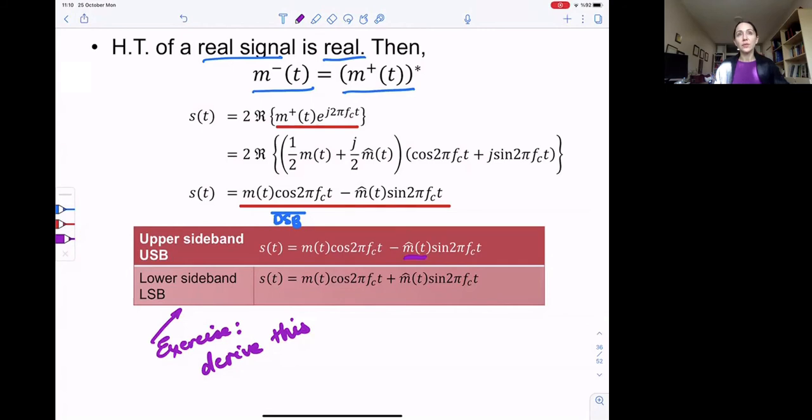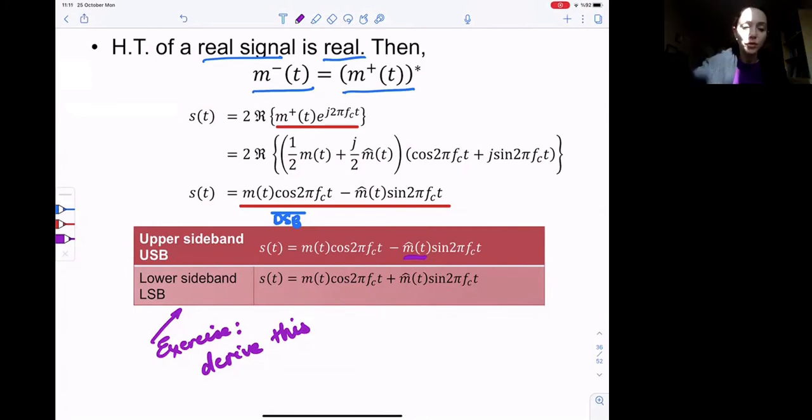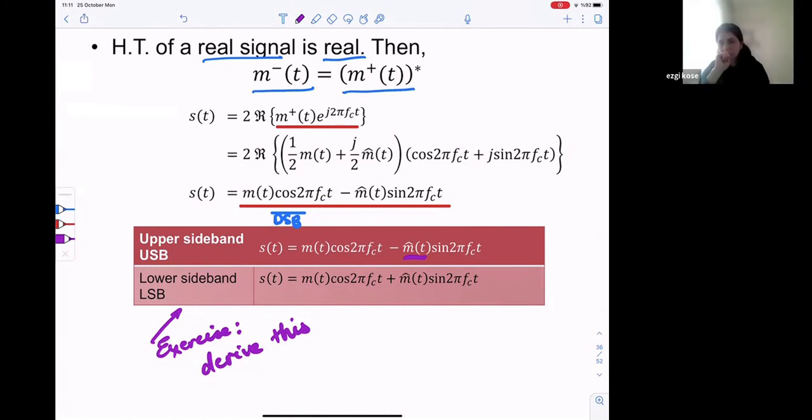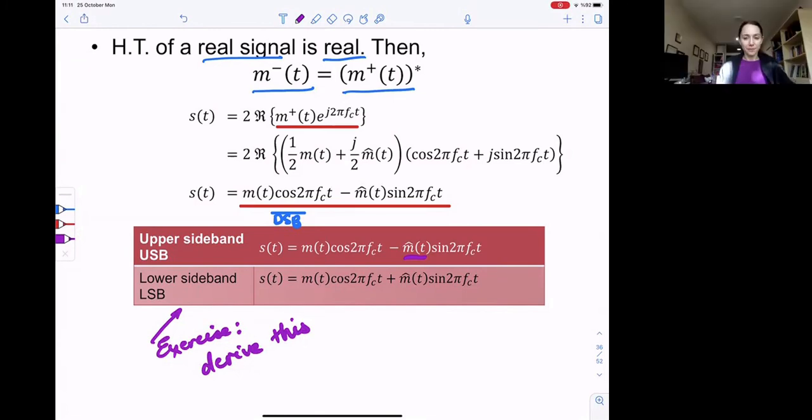You could. Of course, if you think about it that way with a bandstop filter, you realize that you probably want a DC null at M of F, the original message signal, right?